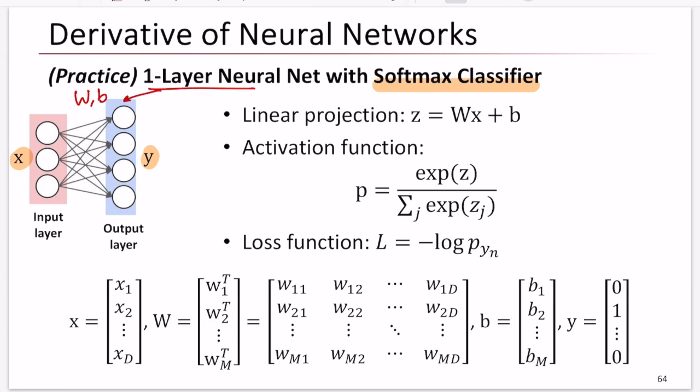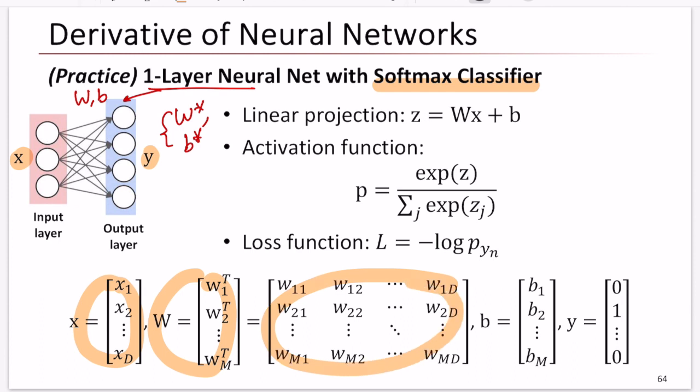So of course our objective is to find W star and b star, right? Similar to the previous example, our input was a t by 1 vector, W consisting of m row vectors, w1, w2, up to wm, which is an m by t matrix, and bias b was an m by 1 vector.